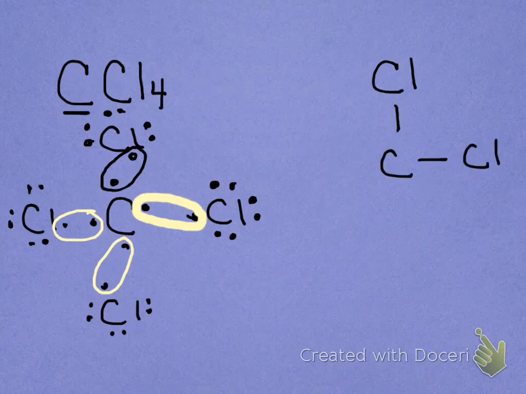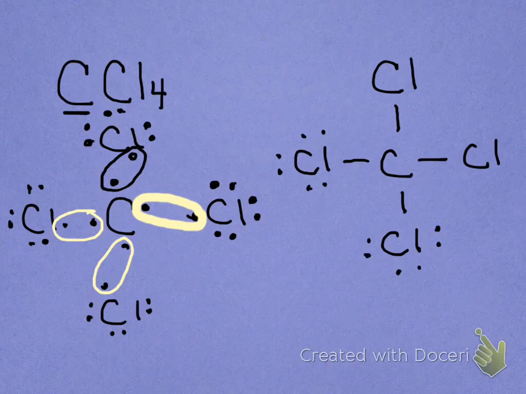Everywhere that I've made a loop, I'm going to draw a dash, and what that dash represents is a single bond. And what I mean when I say a single bond is it's 2 electrons, or a pair of electrons, that are being shared between those 2 atoms. So this bond, this line, is 2 electrons.